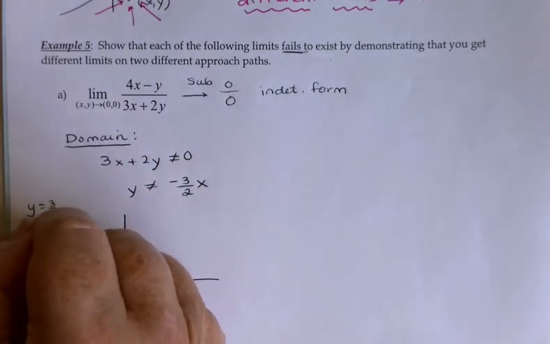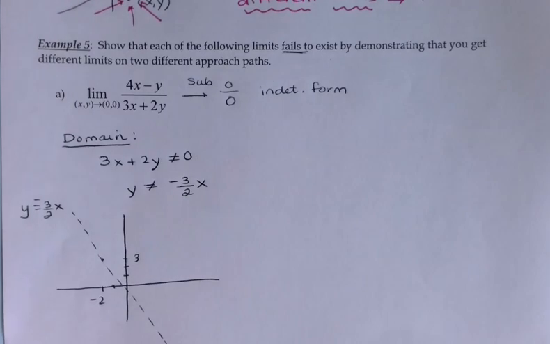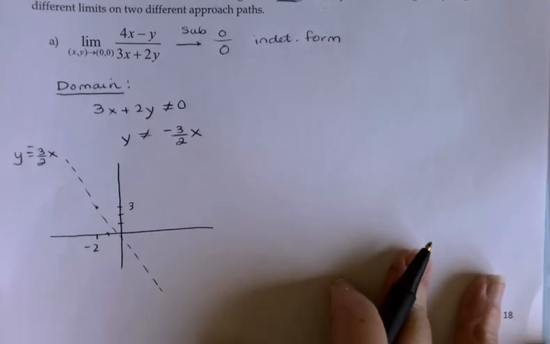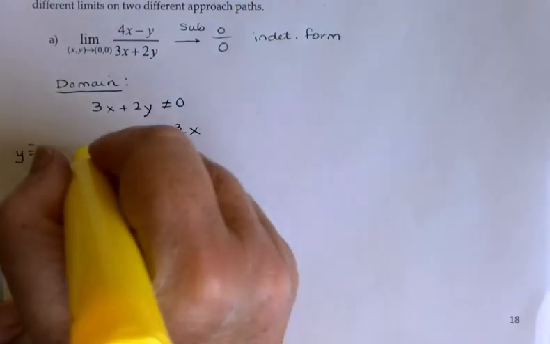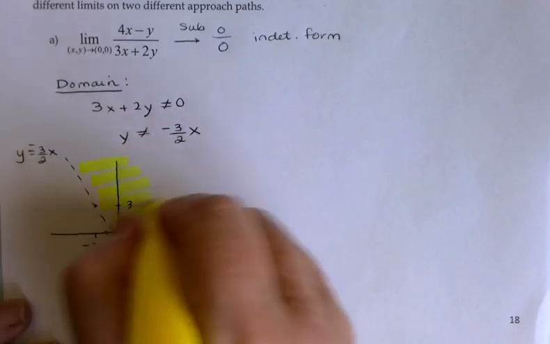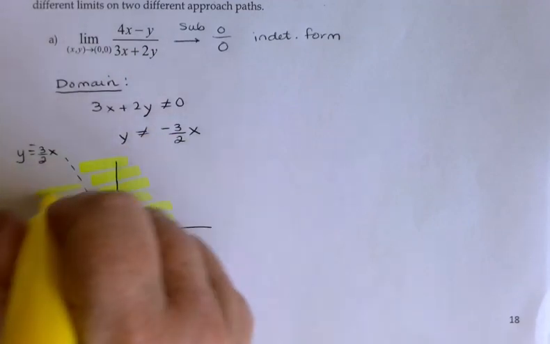So there's the line y equals negative 3/2 x, and I'm putting that in as a dotted line, since I cannot have any points on that line; they would cause my function to have 0 in the denominator. Everything else is in the domain.